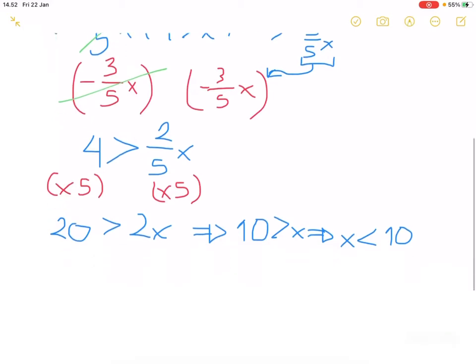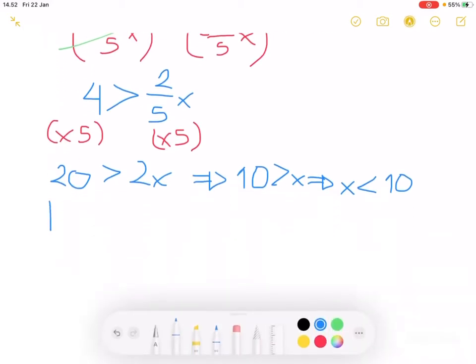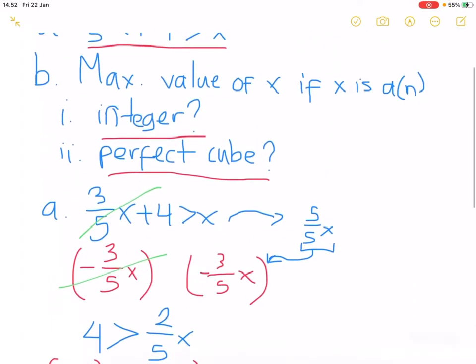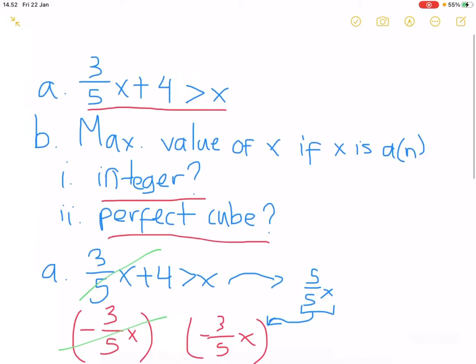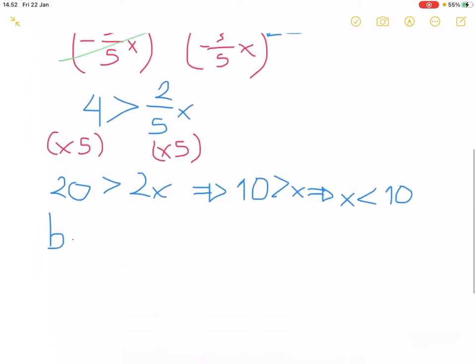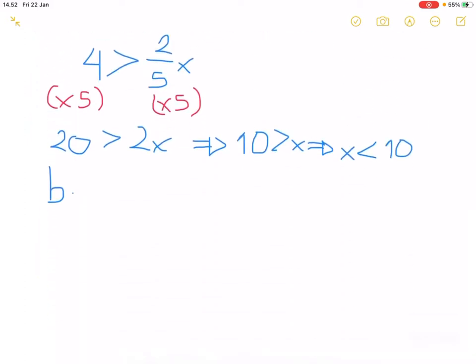Alright, so for the b part, we're going to solve first for integers. So we're going to find the maximum value of x if x is an integer. Since we're looking for the maximum value, we're going to look at the values from above to below. We're going to look at the decreasing values of x.